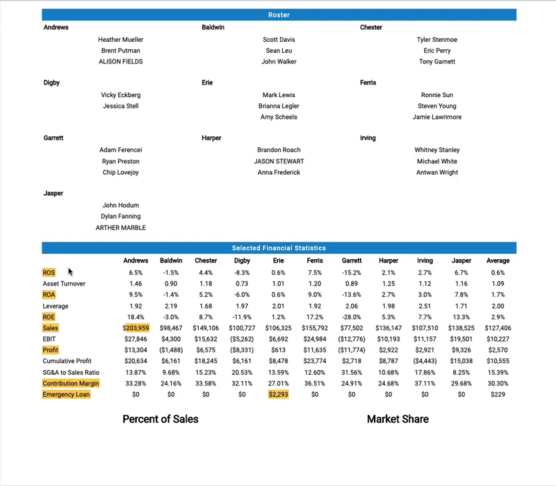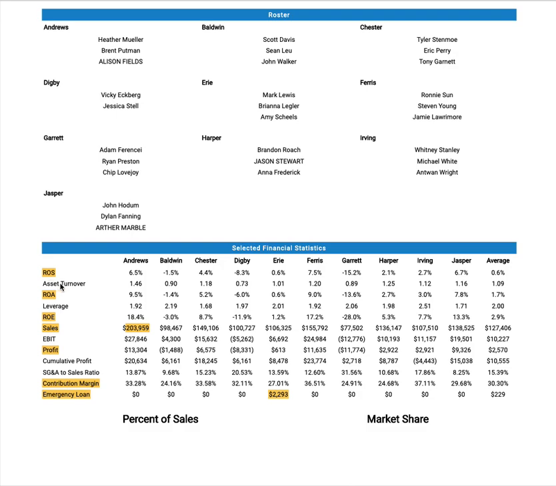Again, the first 3 ratios I want to point out: ROS, ROA, and ROE, which are return on sales, return on asset, and return on equity. So return on sales provides insight into how much profit is produced per dollar of sales.